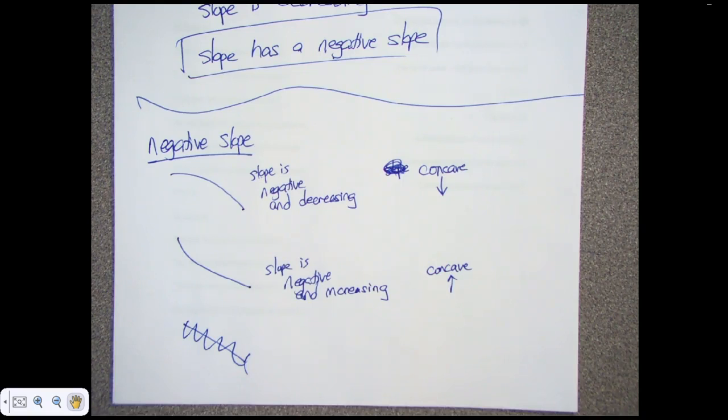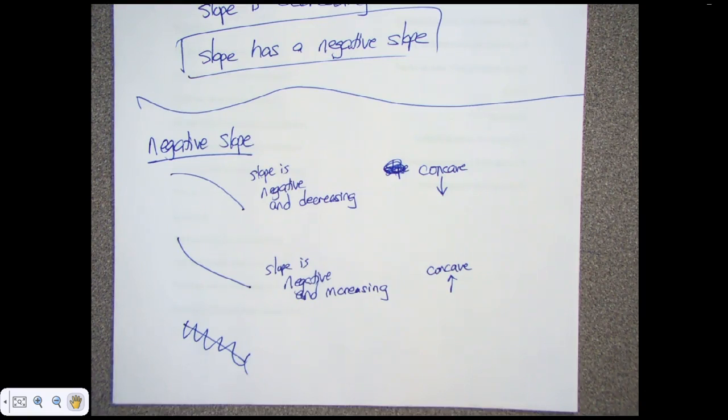What is f of x doing? Decreasing. So when f of x is decreasing, these two are the same statement. F prime of x is negative, and in this case, f double prime is positive because we're curving. So I think you did have it written down, right? You're just not fully pieced together.